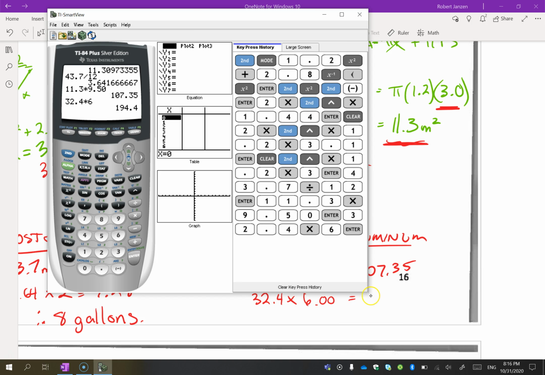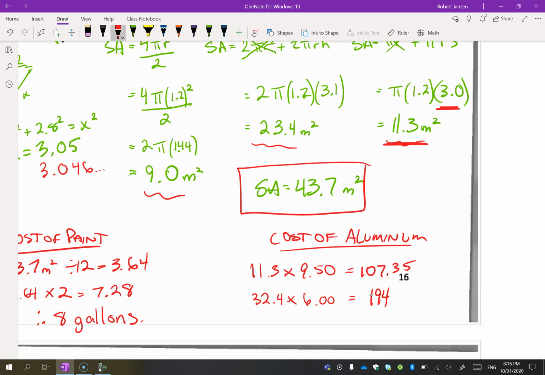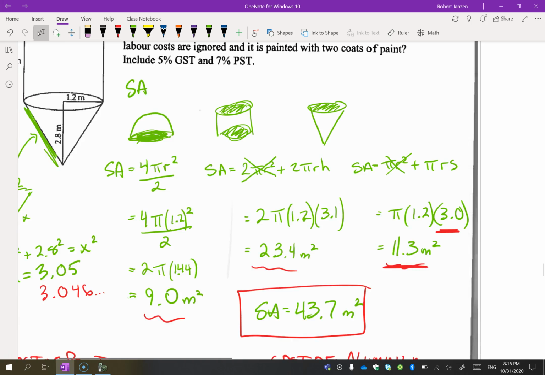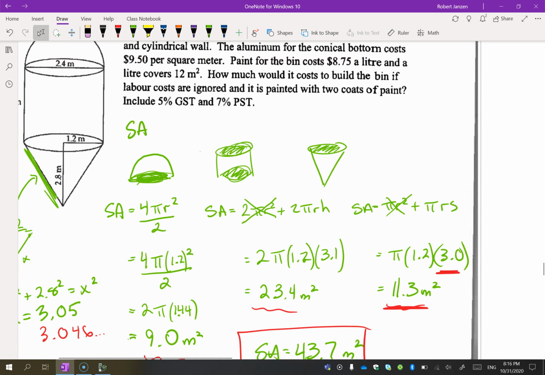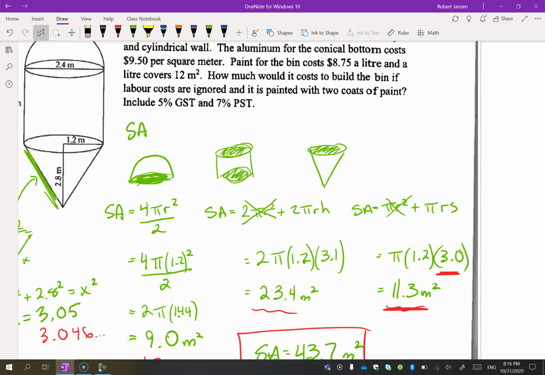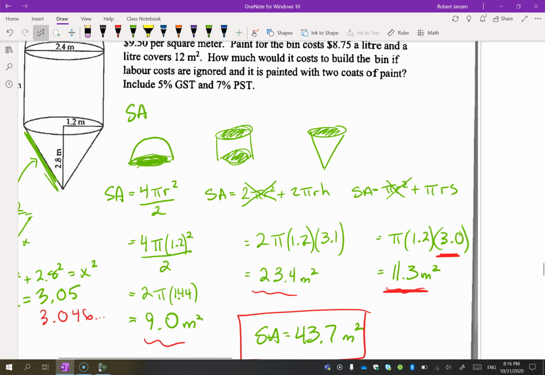So that gives me 194.40. So what does it cost? To paint the bin costs $8.75 a liter.